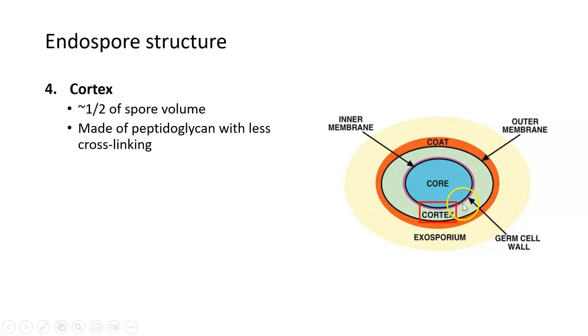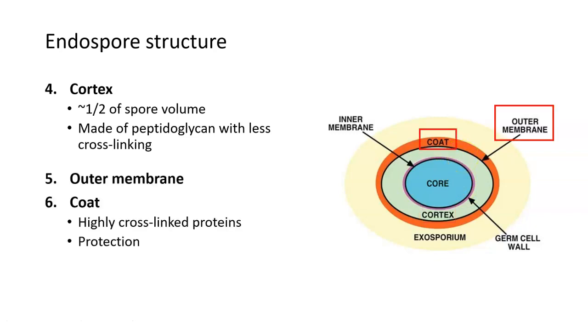Most of the endospore's volume, about half of it, comes from the next layer out, in light green, which is called the cortex. The cortex is also made up of peptidoglycan. It's not quite as tightly linked or mesh-like as the peptidoglycan in the cell wall, but it provides an extra layer of protection and most of the thickness of the endospore structure.